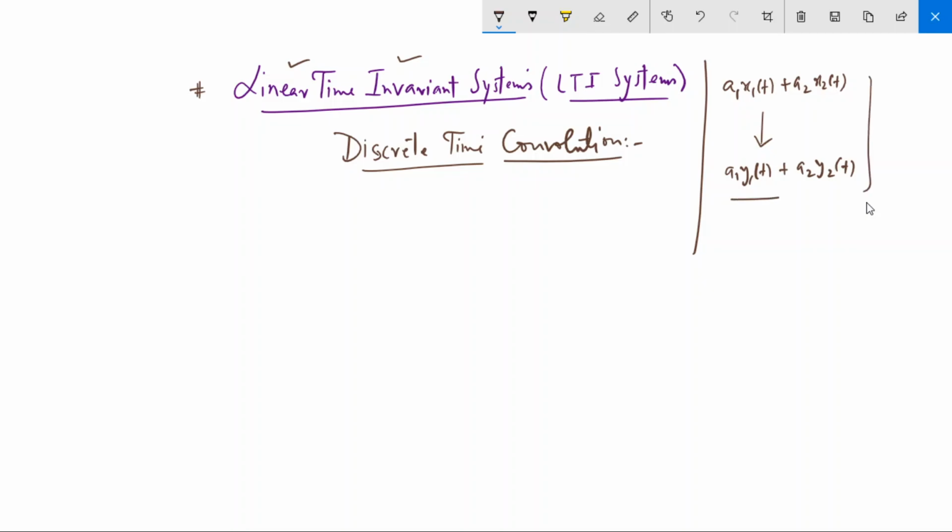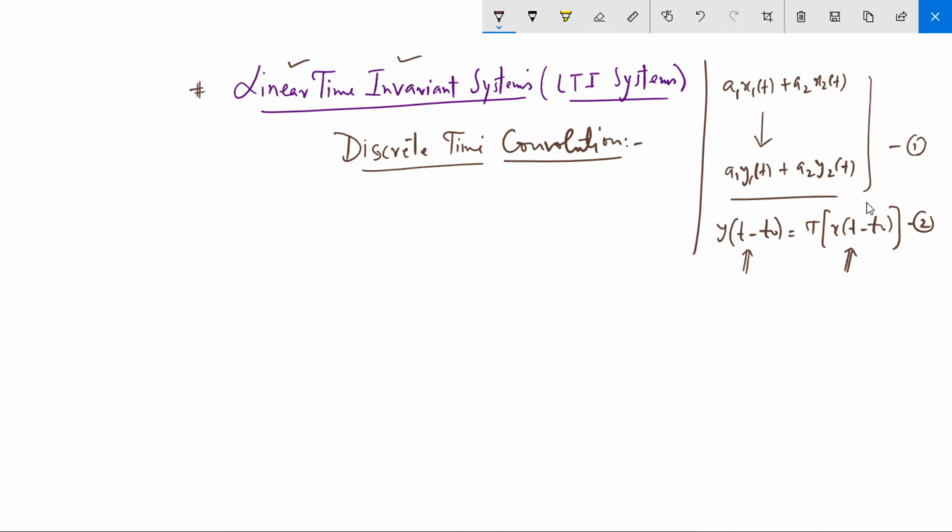And the second, since it is time invariant also, y of t minus t naught is equal to the transformation of x(t minus t naught). Okay, so the delayed output and the output due to delayed input are the same. If it is continuous time, it is t. If it is discrete time, it will be n. Simply t is replaced with n.